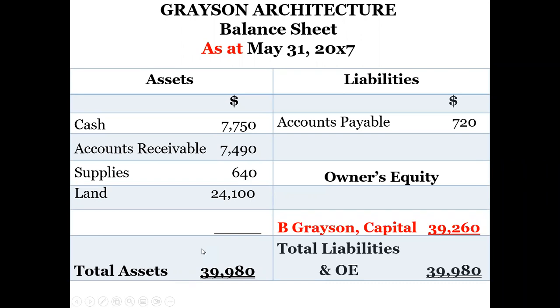Now, as the banker dealing with Grayson, the customer, what would you be most concerned about? Remember, they want a short-term loan. Just the liabilities. Short-term relates to what? 12 months or less.